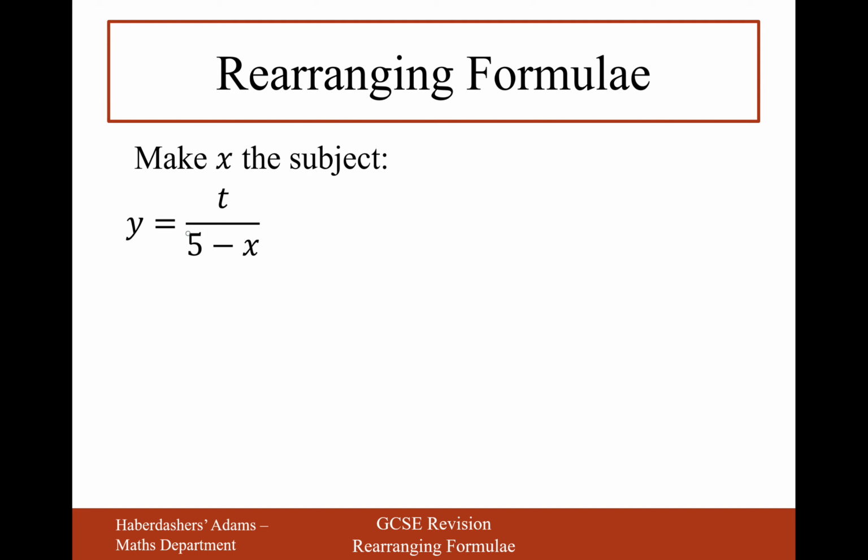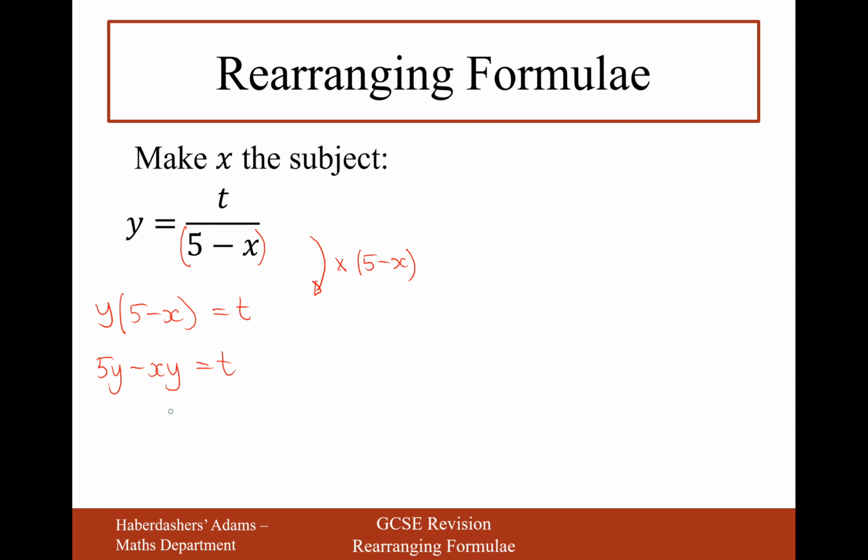So I'm going to imagine the denominator here in a pair of brackets, and I'm going to multiply that brackets onto the other side. So from this line to this line, times by 5 minus x. So it's going to be y bracket 5 minus x equals t. The next thing will be obvious, it will just be expand the brackets. 5y minus xy equals t.